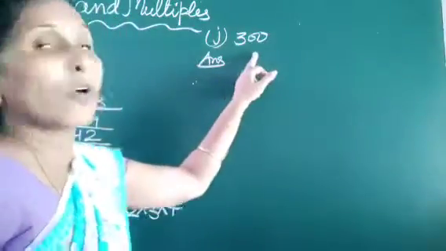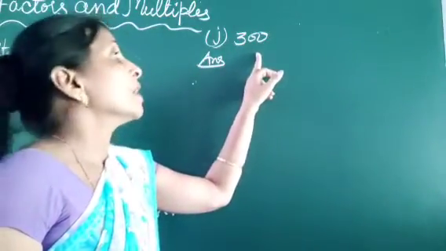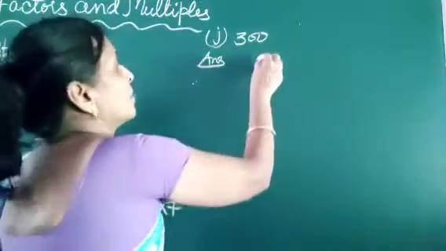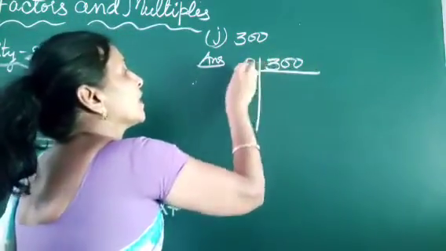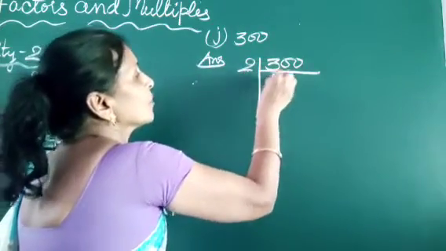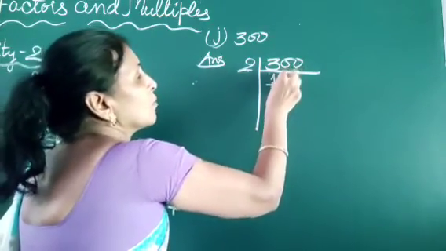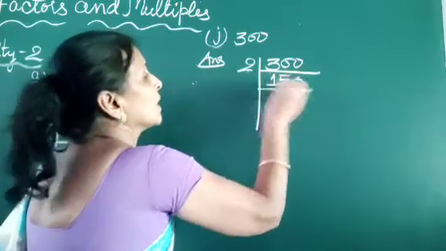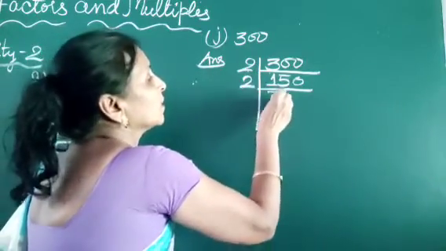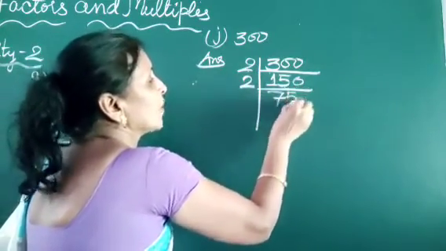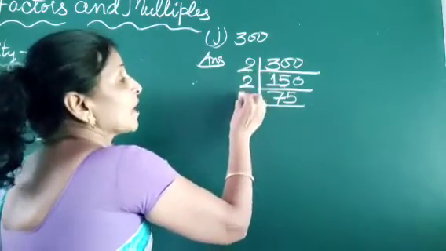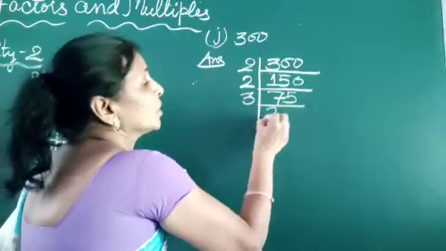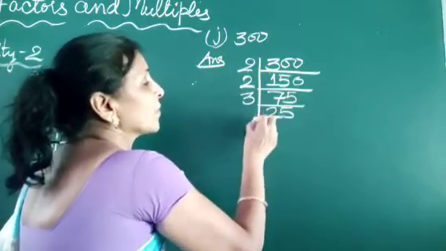Now we will find out the prime factorization of 300 by division method. Now we write it here and it is divided by 2, then comes 2 1s are 2, then 2 5s are 10 and 0. Again it is divided by 2, then 2 7s are 14 and 2 5s are 10. Then 75 is divided by 3. 3 2s are 6, 3 5s are 15.